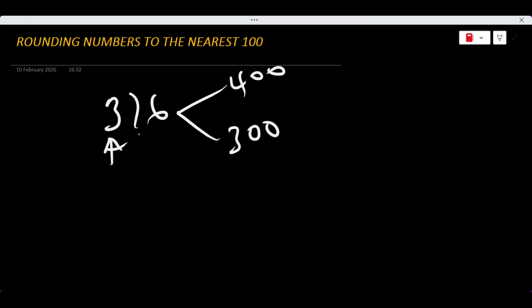Now we consider the next number after the 100 digit, in this case 7. Since 7 falls under the category of 5 or more, we round up the 3 to what? 4. And then converting the 7 and the 6 to 0, giving us what? 400 as our final answer.